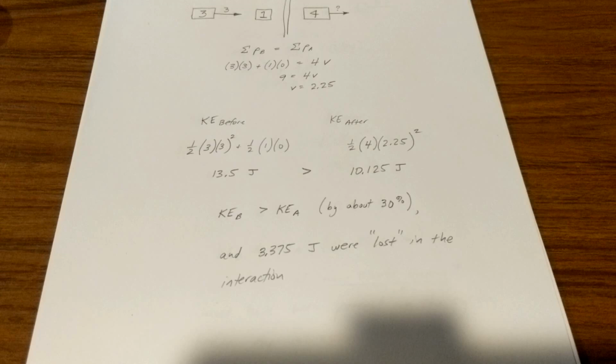Meaning that the before kinetic energy was greater than the after kinetic energy by about 30% in this case, meaning we would classify this interaction as an inelastic collision. And we could note that this is the amount of energy lost in the interaction.